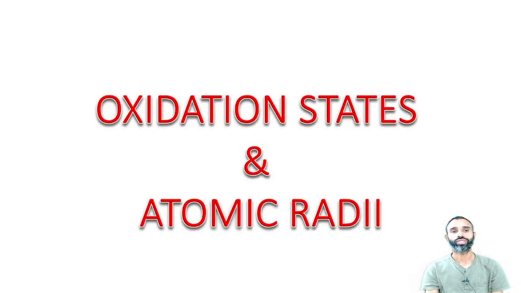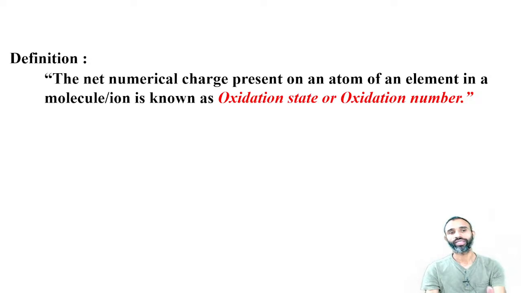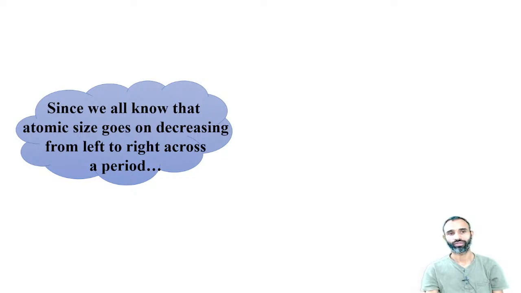Now, oxidation states and atomic radii. Oxidation state is the net numerical charge present on an atom of an element in a molecule. If we go from left to right, atomic size decreases.